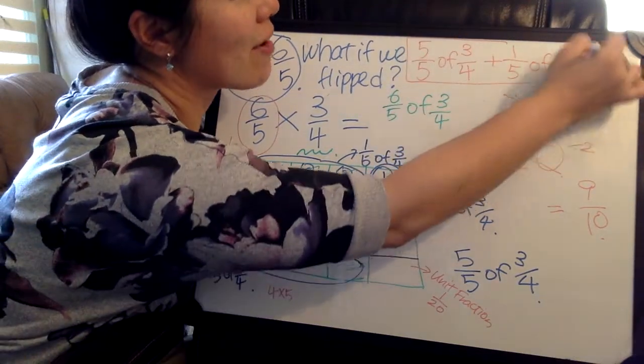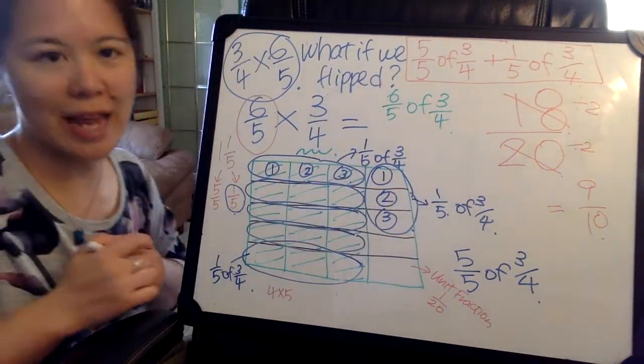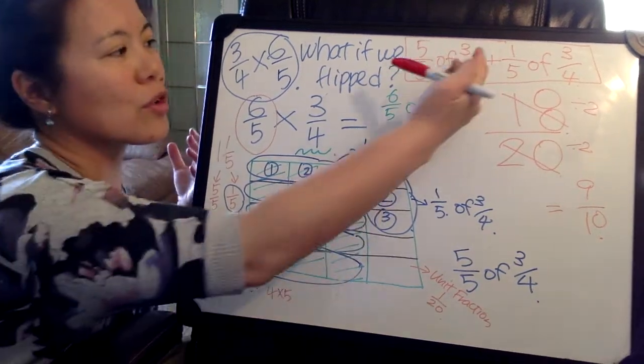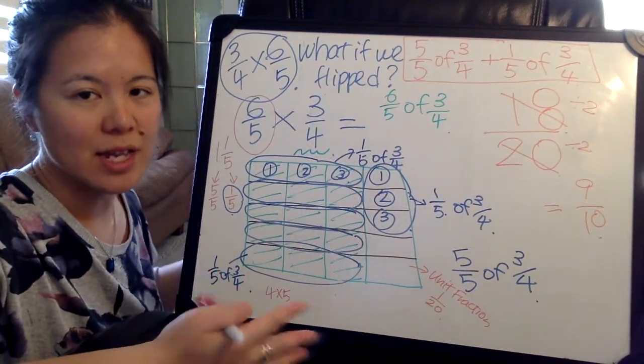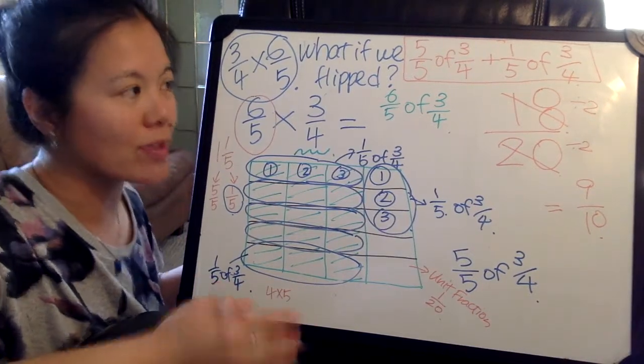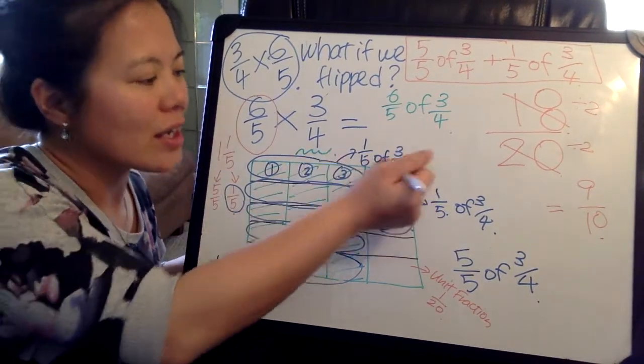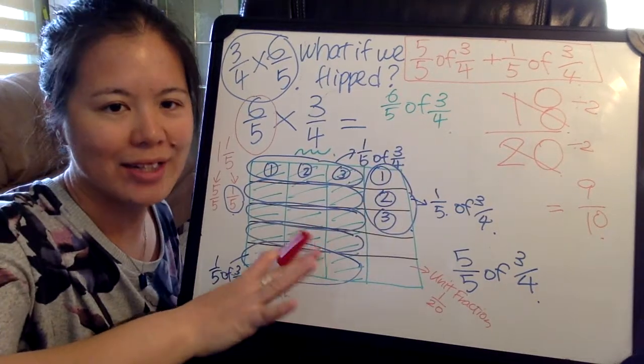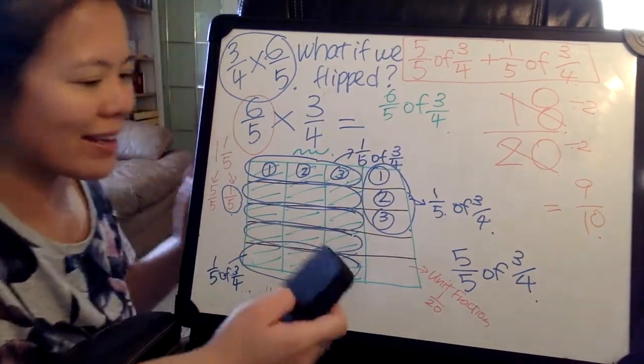You can break it down as doing 2 different steps. So if you like, you can create 2 different wholes, 2 different area models, and you can add up the parts that you actually colored in. So I will show you that next.